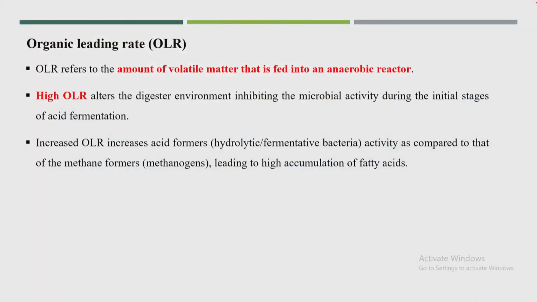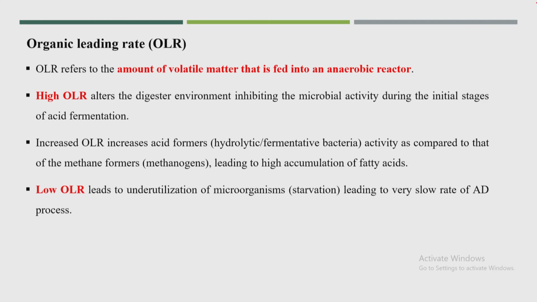An increased OLR increases acid former activity as compared to methane former, leading to high accumulation of fatty acids. So, this is also a very important factor, and a low OLR leads to starvation of microorganisms, leading to a very slow rate of anaerobic digestion process.